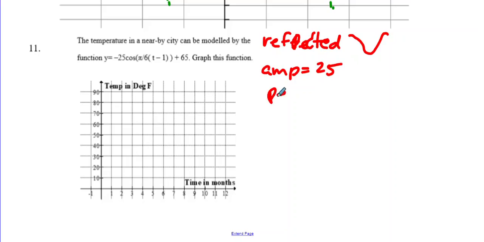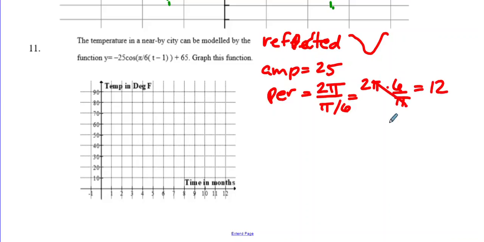Your period is 2 pi divided by pi over 6, which becomes 2 pi times 6 over pi, which becomes 12. So your period is 12. Your graph shifts to the right 1, and your midline is going to be at 65, so that's up 65.